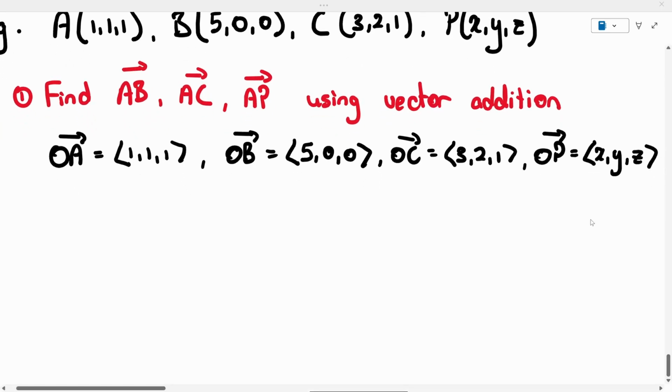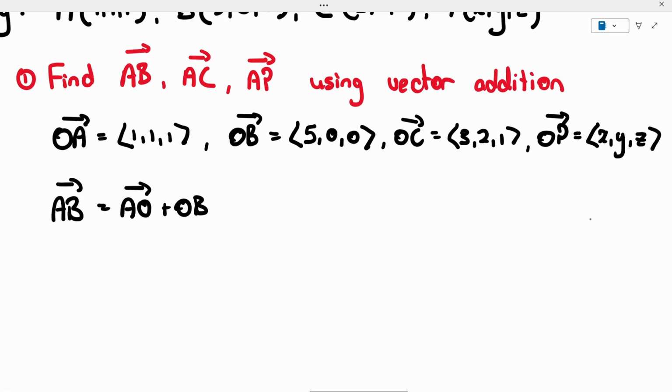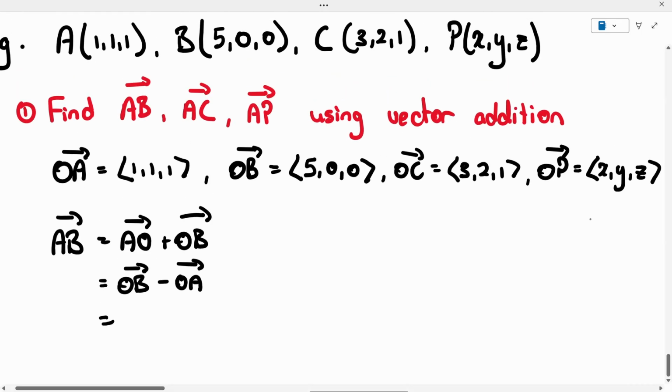Okay, so let's see. AB should be AO plus OB. Of course, if you all wanted to use parallelogram law, nothing wrong with that, right? So that's OB minus OA, which is 5, 0, 0 minus 1, 1, 1.